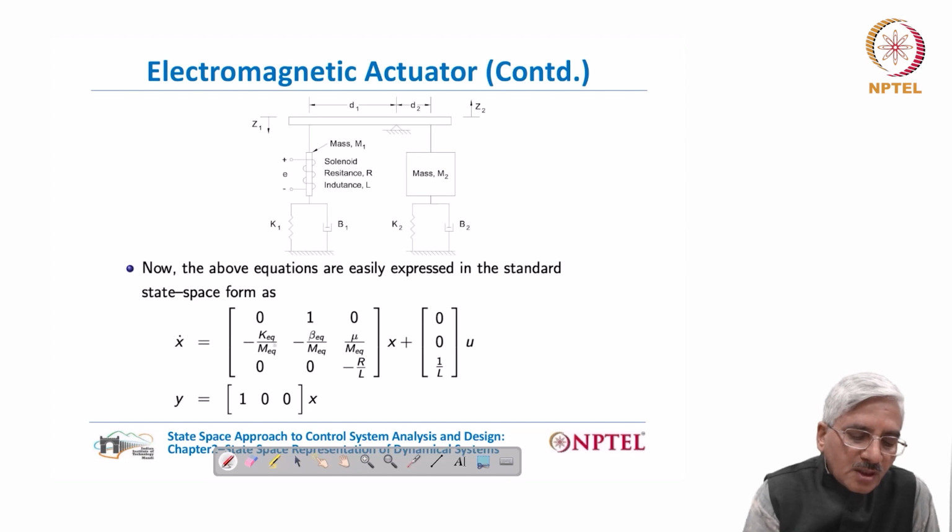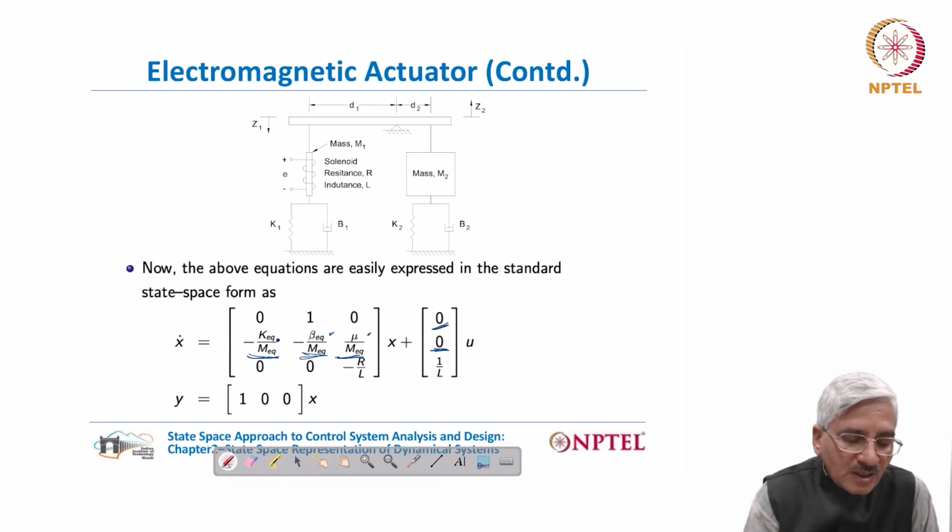We have x2 dot equal to one coefficient into x1, another coefficient into x2, another coefficient into x3. So these three coefficients are put here one by one, this into x1, this into x2, this into x3. And again we don't have any input term, so we have 0 here, like that in the first equation.